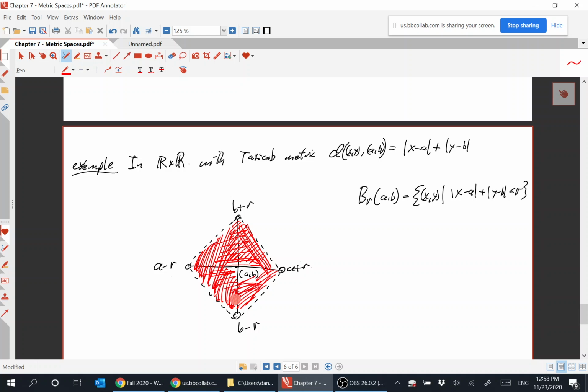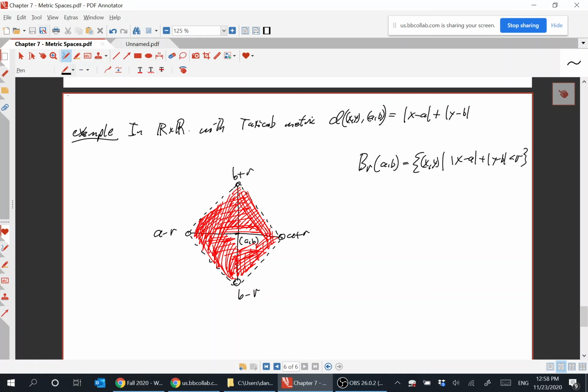Again, nothing round about this, but that's the open ball around AB that you get in the taxicab metric. Still a metric space, not as pretty as the Euclidean one, but it's a metric space nonetheless.